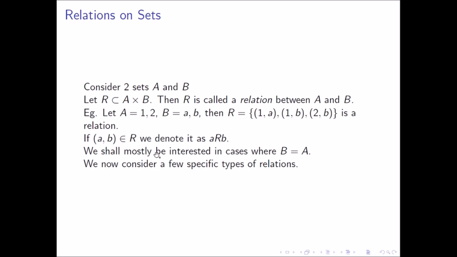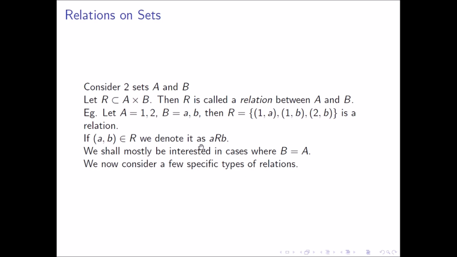Relations. So again, consider the two sets A and B, and R is a subset of the Cartesian product of A and B. Then we say R is a relation between A and B. It's just a subset. So if A contains 1 and 2 as elements, B contains a and b as elements, then R, this is a subset of A cross B, is basically a relation, a subset of A cross B. So if (a, b) belongs to R, we denote it as aRb.